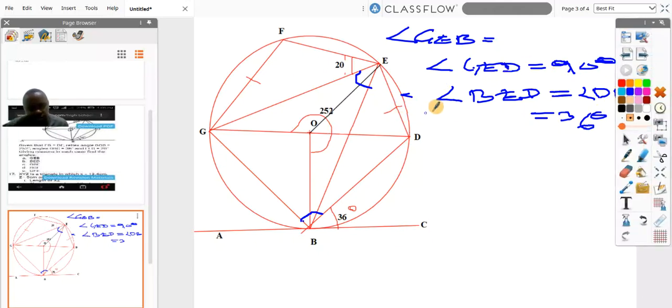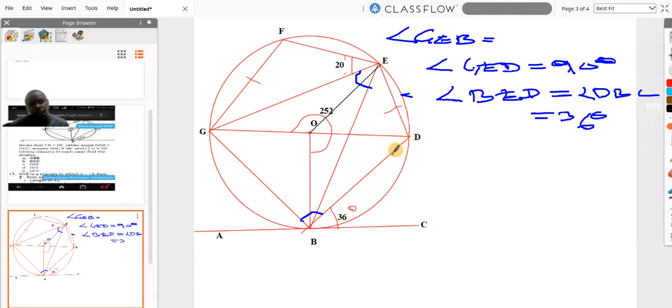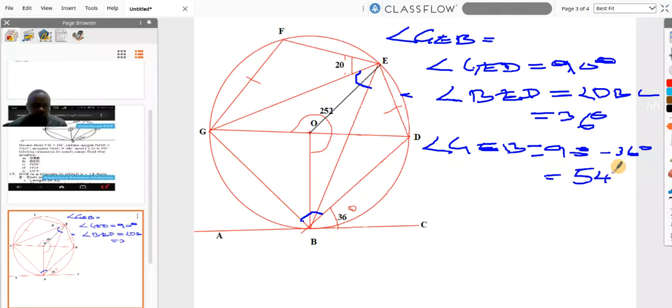And the reason is that the angle subtended by a chord in the alternate segment is equal. So this angle is 36, and this angle is also 36. So our angle GEB will now be equal to 90 degrees minus 36 degrees. When you do that, we get 54 degrees.